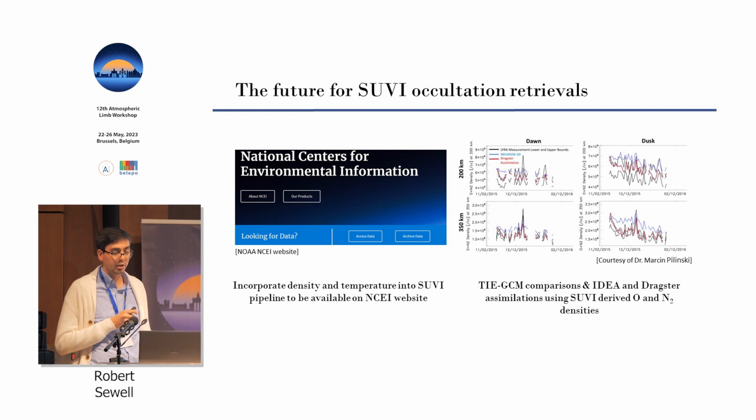Another thing we're doing is comparisons to general circulation models, specifically TIE-GCM. And then we're also working to get this into assimilation models, specifically IDEA, which is a GCM assimilative model, and then a drag model called Dragster.